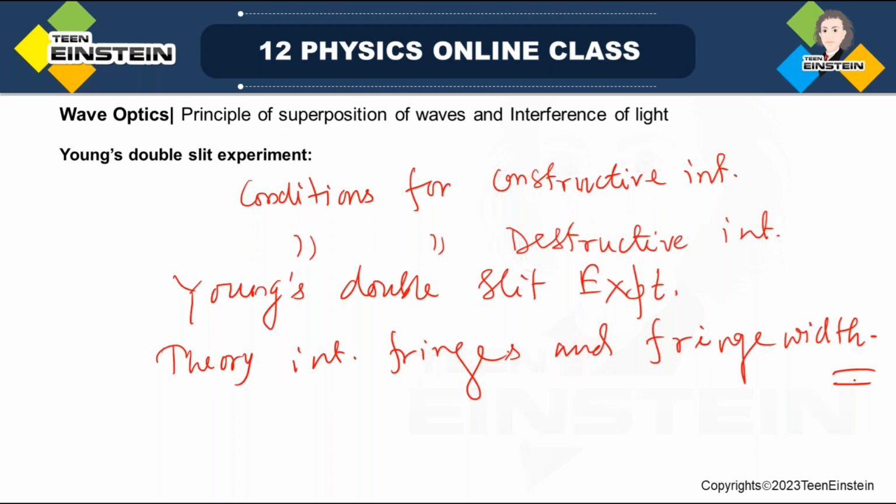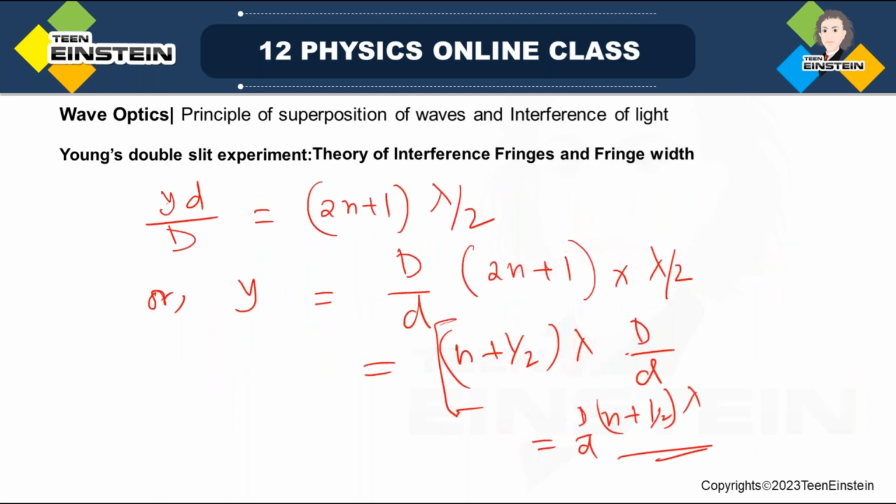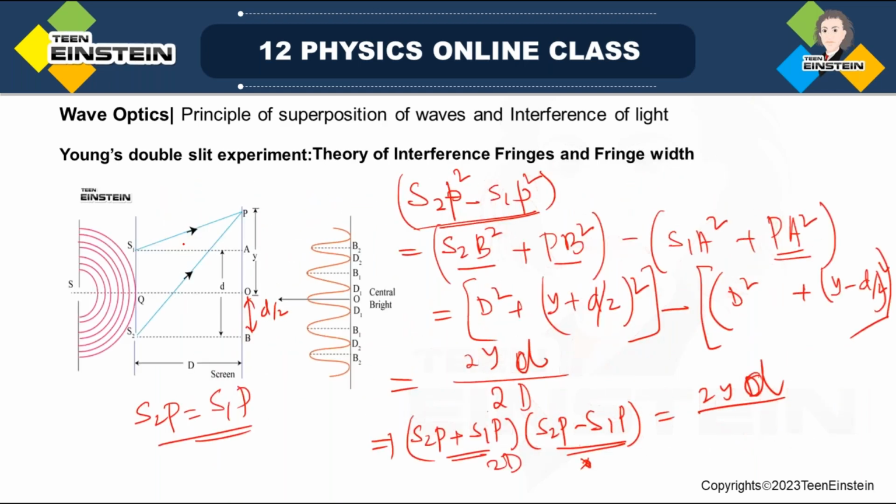Suppose in case of these two rays, a transparent mica sheet is placed over here, so some extra path difference will be added to this path. Then what will happen? What is the shift if we keep the whole arrangement underneath the water? What will be the shift in the fringe position, or what will be the fringe width, etc.?